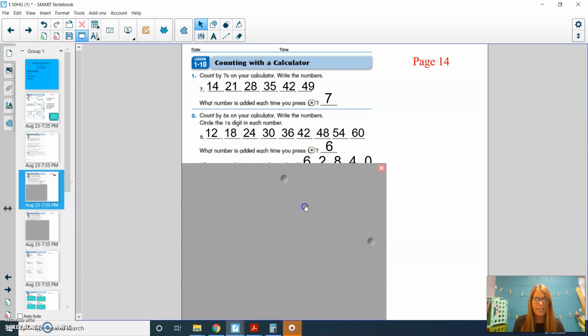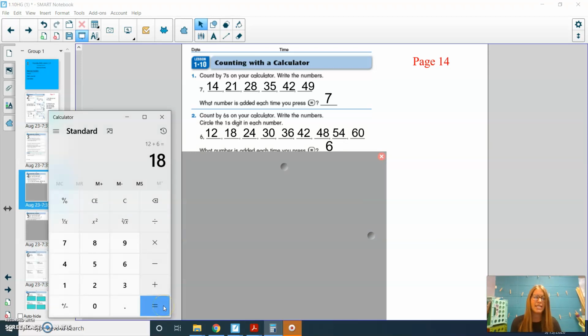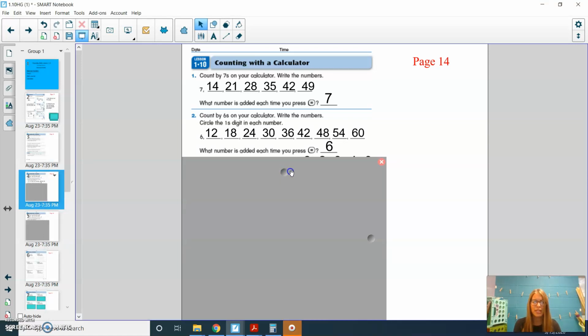Then if I hit equals again, I would get 18. If I keep going, I have 24, 30, 36, 42, 48, 54, and 60. So notice how each time I'm clicking equals, I'm adding by 6.